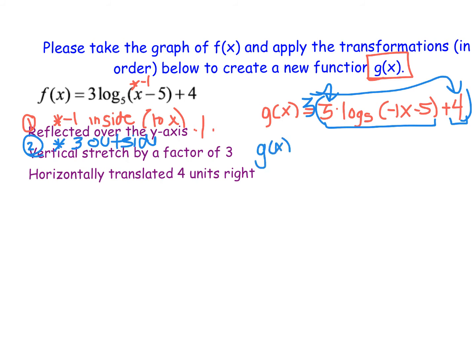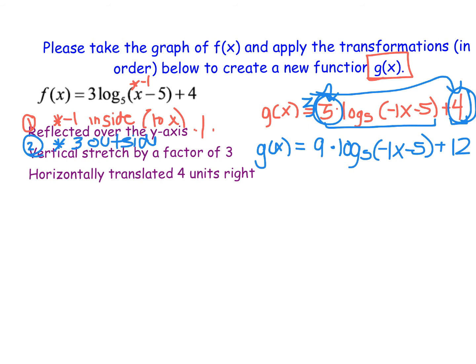So g of x now looks like 9 times log base 5, then we have -1x minus 5 plus 12. So notice the coefficient of the log and the number on the outside. Each term, that first number gets multiplied by 3.